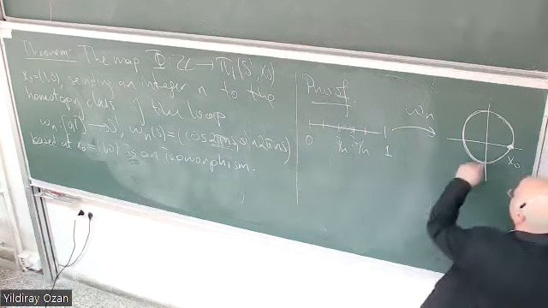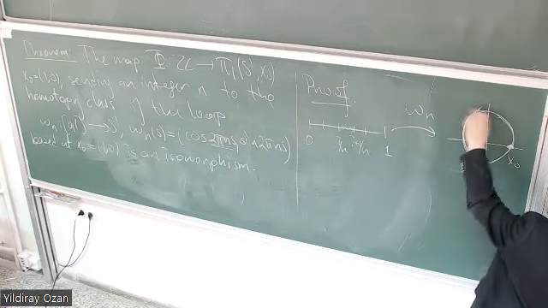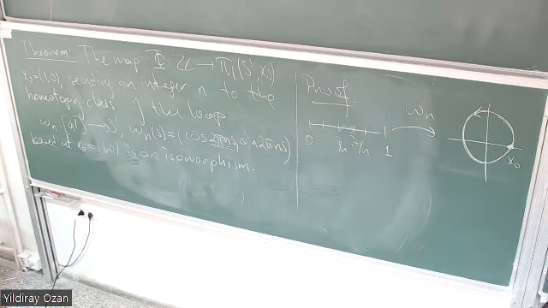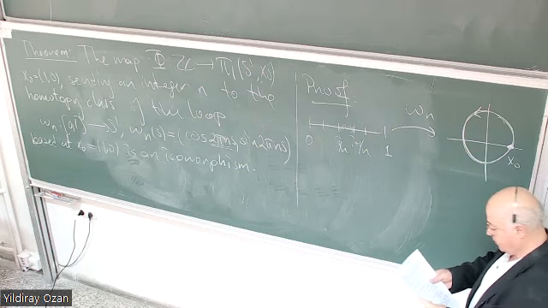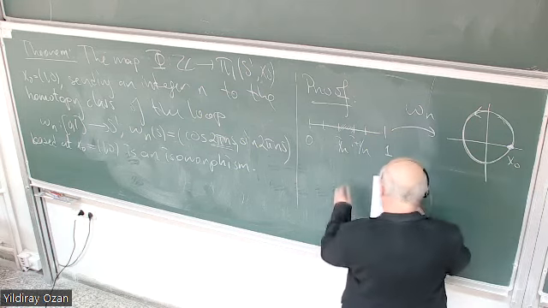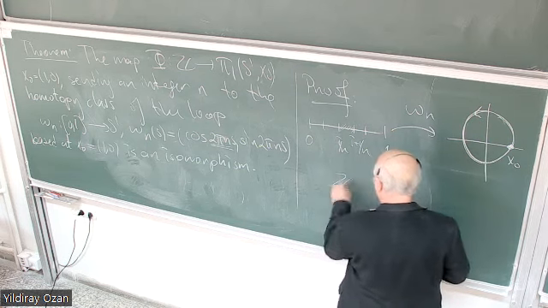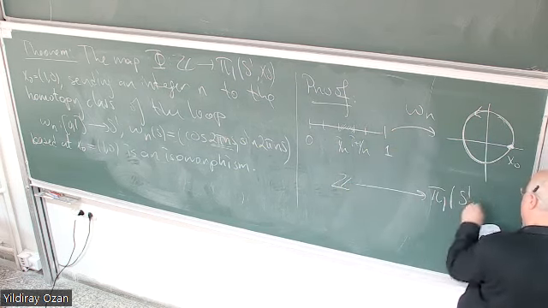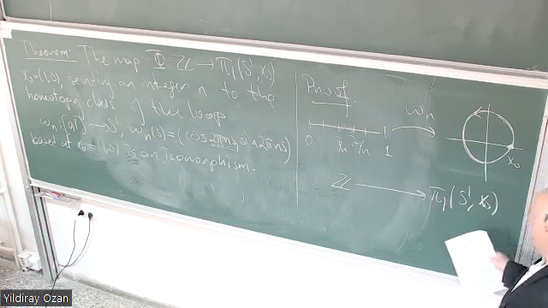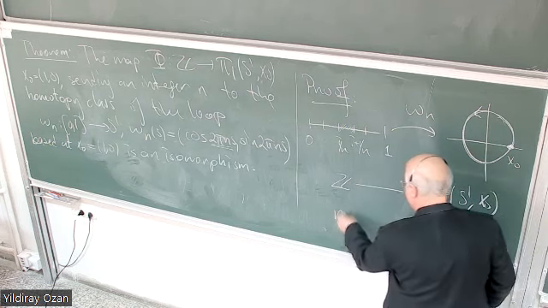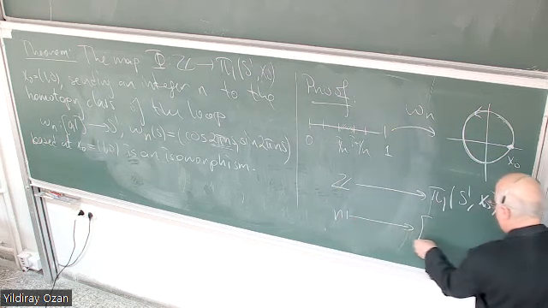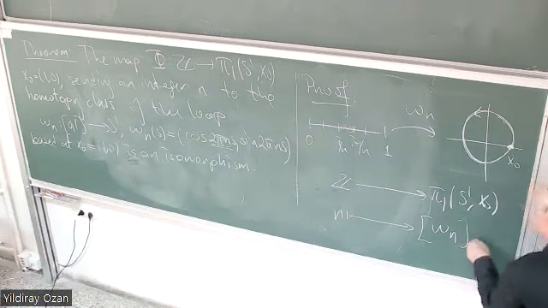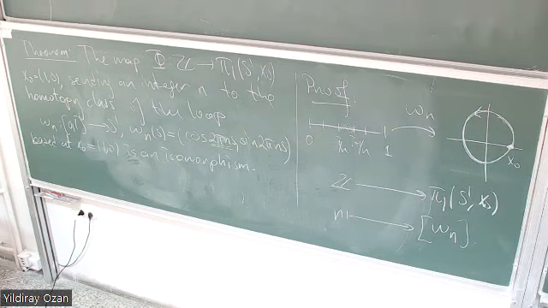Therefore, Wn just goes around the circle counterclockwise n times, okay? So this is a map from the integers into the fundamental group of the circle based at the point x0 and sends n to the homotopy class of the loop at x0.